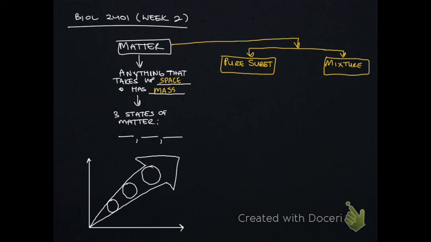Mass is the measurement of how much space something takes up. Weight is gravity's effect on mass.